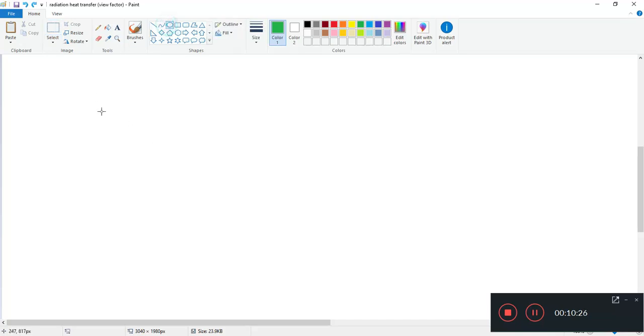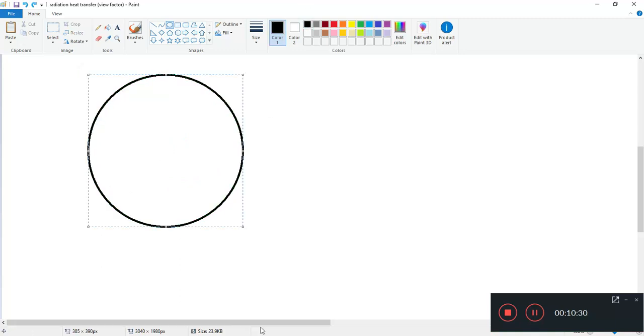So picture ourselves having a sphere. Okay, we have a sphere, and then we'll have some radiation source at the center of the sphere. I'll color it red here.